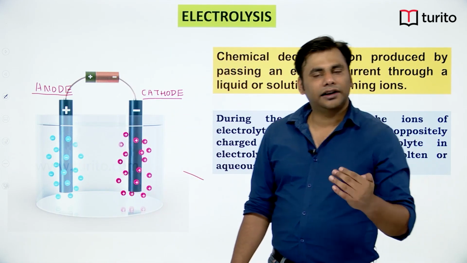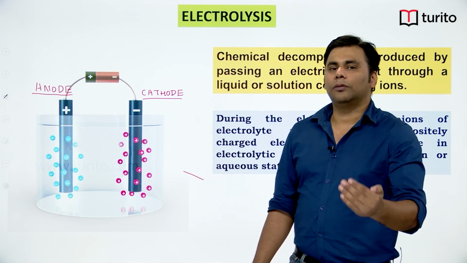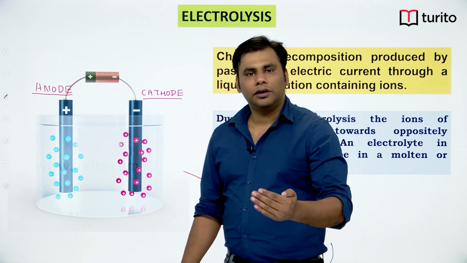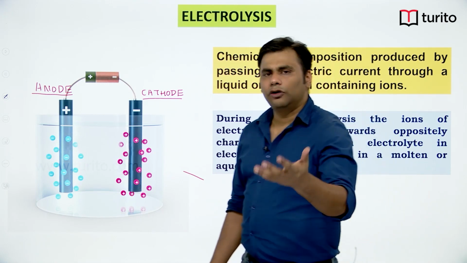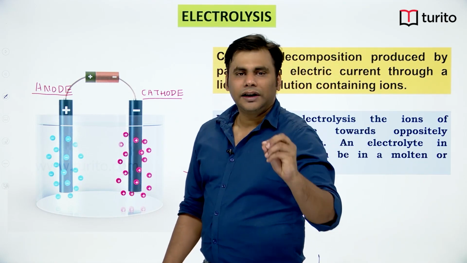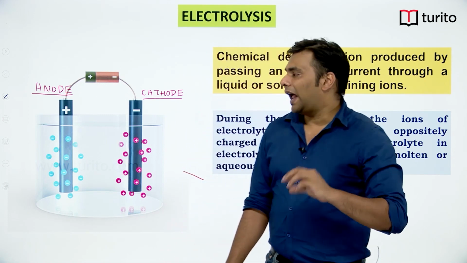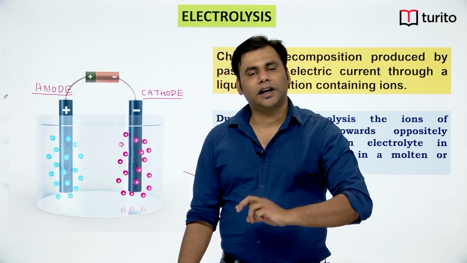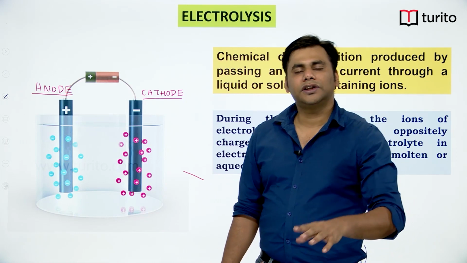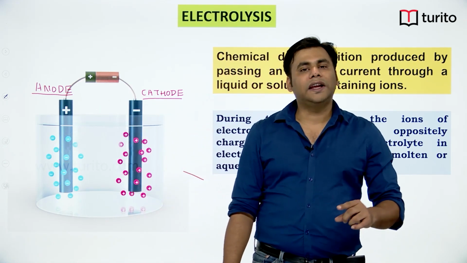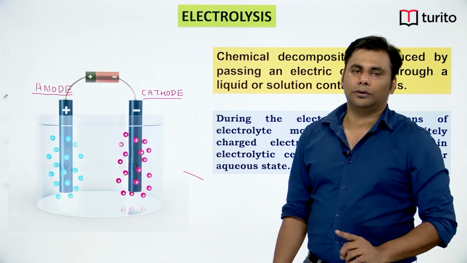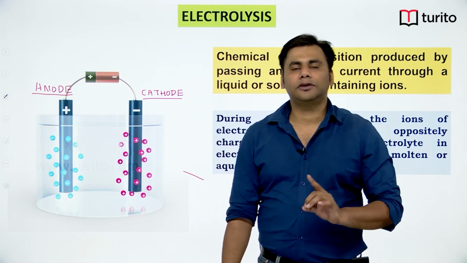The cation, a positively charged particle, migrates to the negative electrode, because opposites attract. So the cation migrates towards the cathode, which is the negative terminal here, and the anion, which has a negative charge, migrates towards the anode, which has a positive charge. So you can see that the sign convention of the electrodes has changed in an electrolytic cell. In a galvanic cell it was opposite.